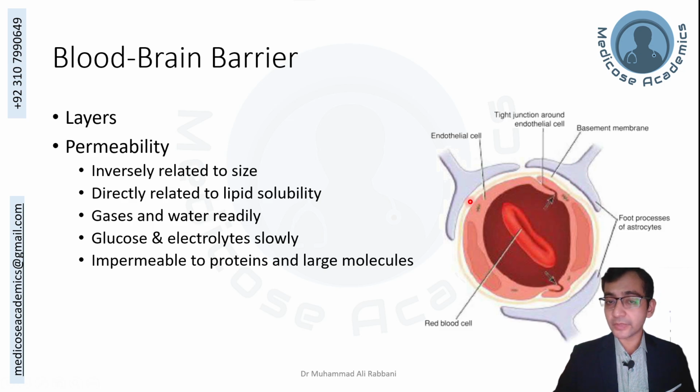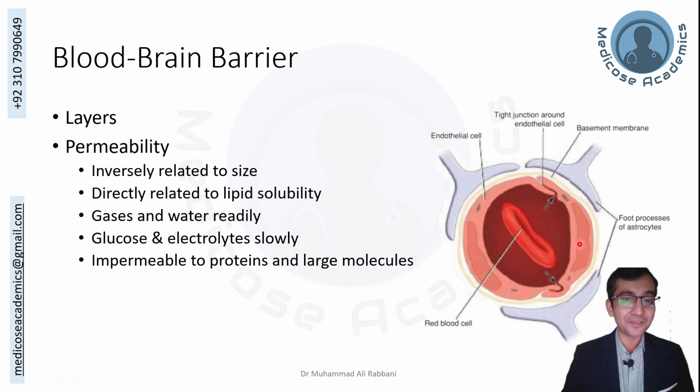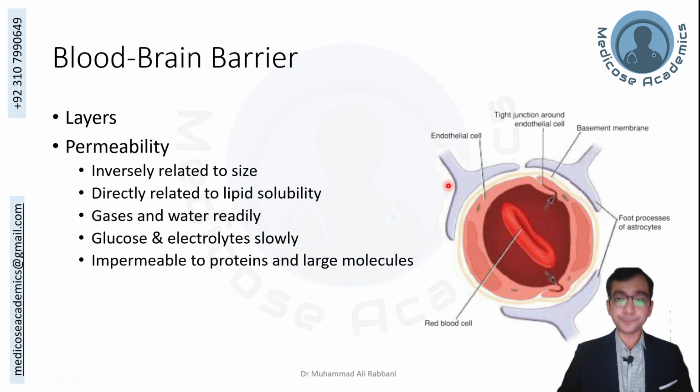Cells are surrounded by basement membranes that are very solid without any openings, and they have a negative charge that repels negatively charged proteins. On the outside there is a third layer, the foot processes of astrocytes, continuously covering that. So endothelium with tight junctions, a negatively charged basement membrane, and the foot processes of astrocytes make the blood-brain barrier.